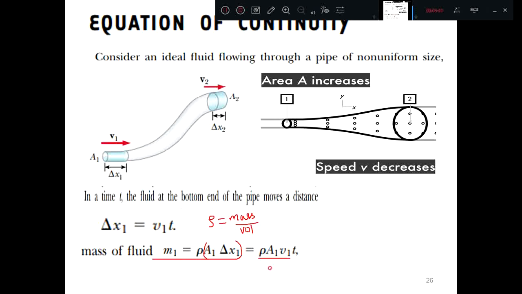Here rho is the density of the ideal fluid, which is a non-changing quantity.